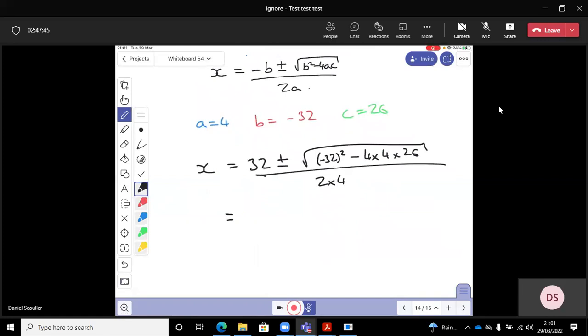As I said, when we're doing this, you can pull that a wee bit to one side and just do it at the side so you don't make any silly mistakes, and then just slide it back in. Okay. That's your discriminant.